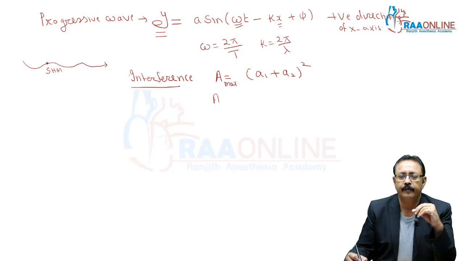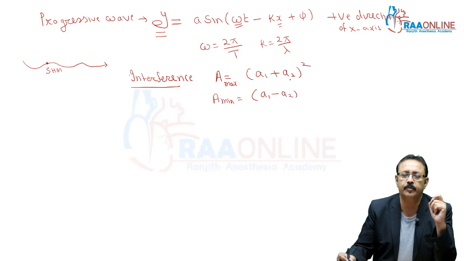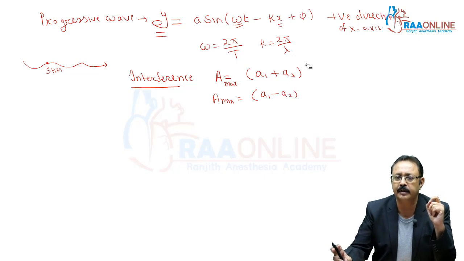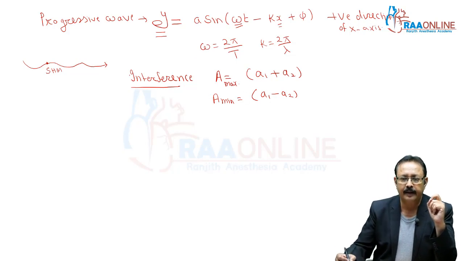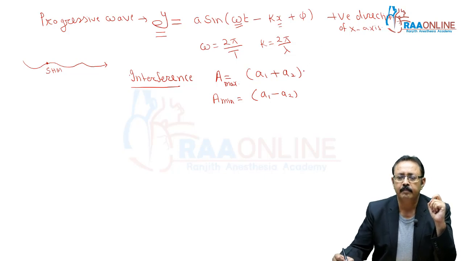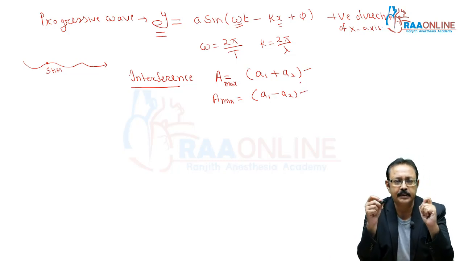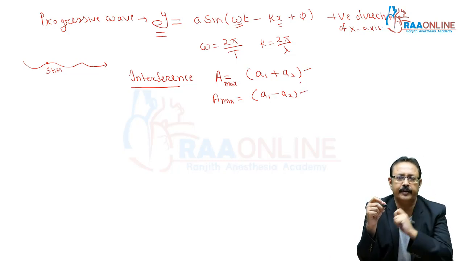Places where the amplitude of the resulting wave becomes A1 minus A2 are the silence zones. These are known as places of constructive interference, and these as places of destructive interference.